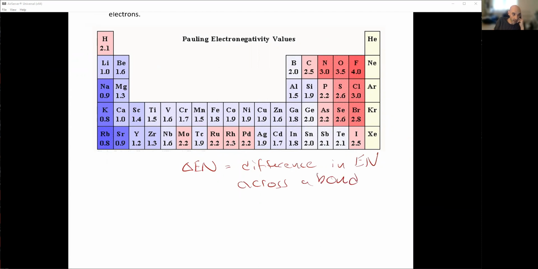It tells us about the type and strength of that bond.